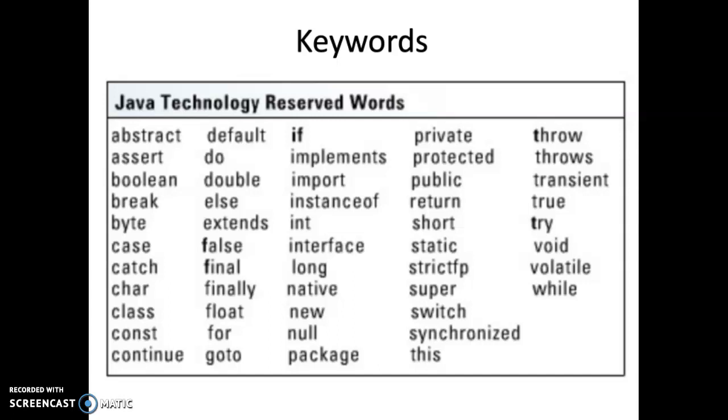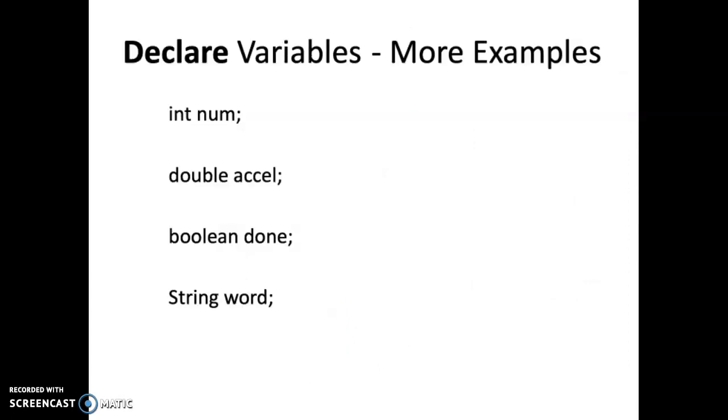If you've worked with JGrasp, you've seen these words turn purple. So you'll notice that we see, here's our public, that we've used static, we've used void. So these are keywords that we can't use to name our variables. One of the most common that people want to name a variable is new, and new is a keyword. So you can't name your variable new.